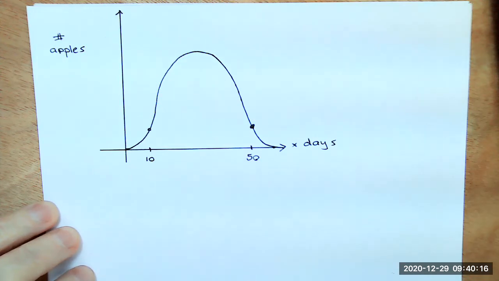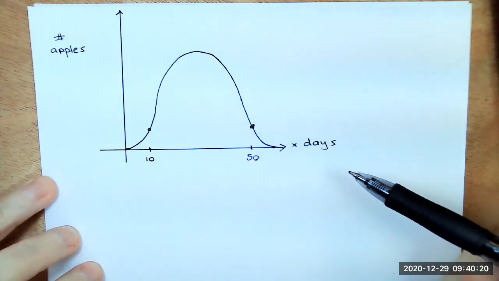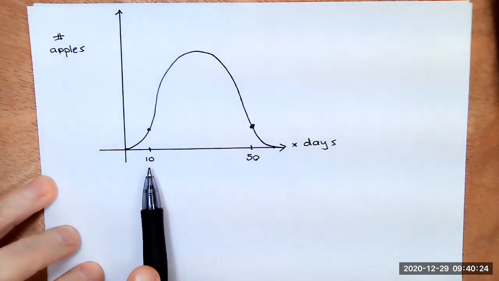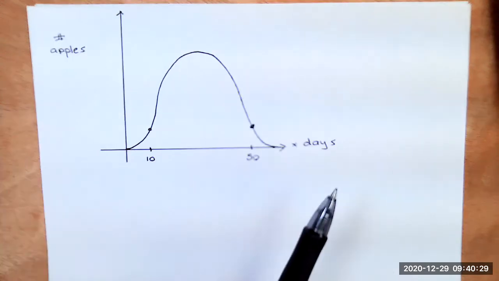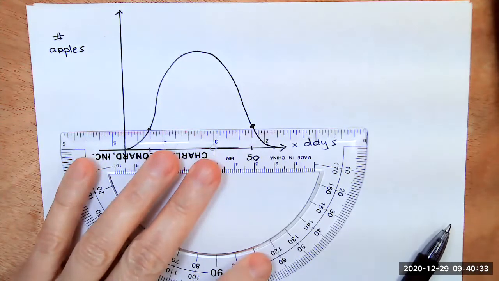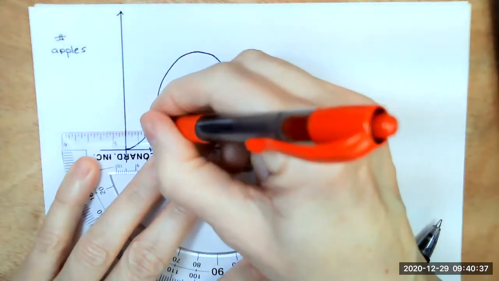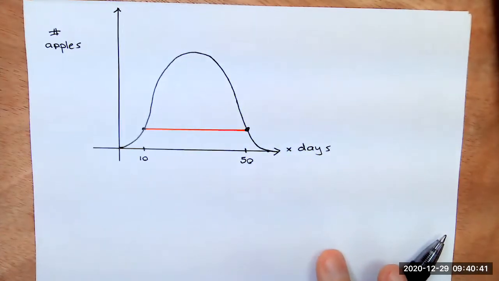All right, let's look at this example. This is the number of apples on your tree. And what do you think is the average rate of change from day 10 to day 50? So that's just going to be the slope of the secant line between day 10 and day 50.